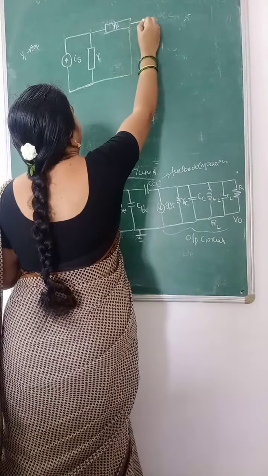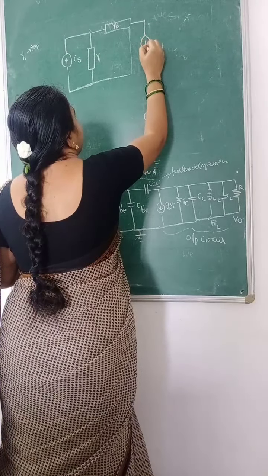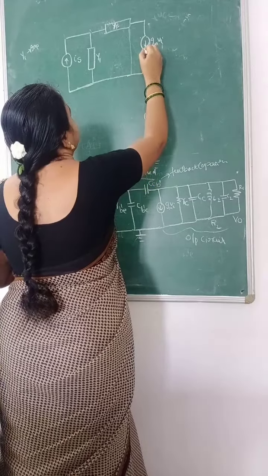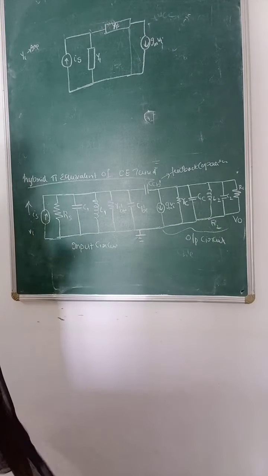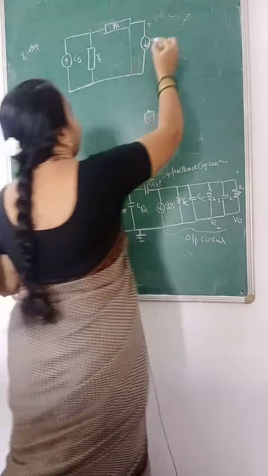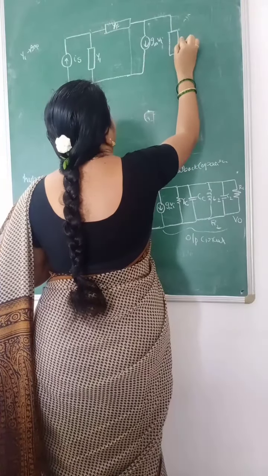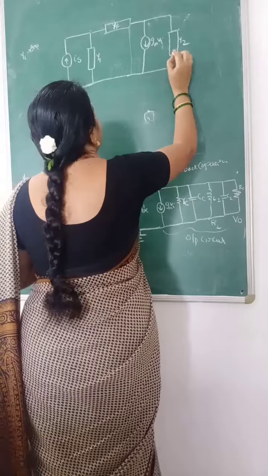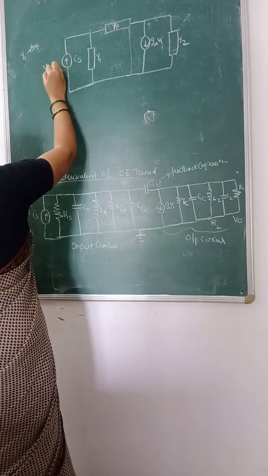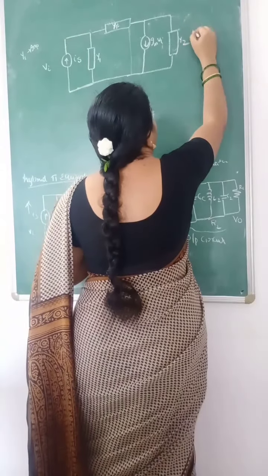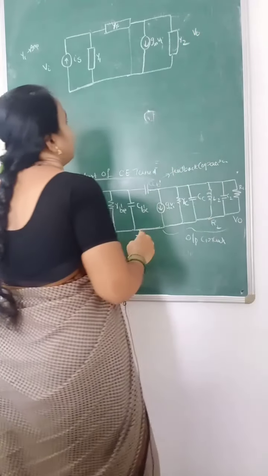And here we will have the current source Gm into Vi, and we have the output admittance Y2. From this we will calculate the input voltage, and from this we will calculate the output voltage.